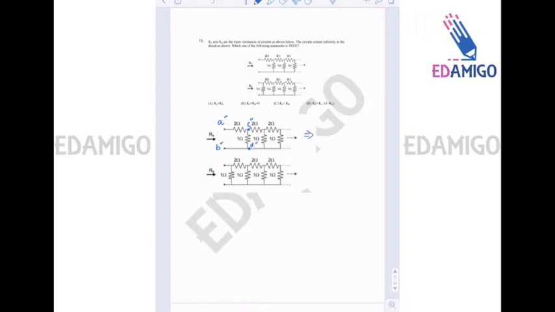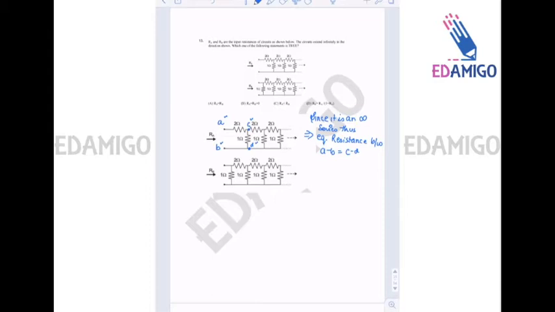So this can be redrawn. I'll just write the statement. Since it is an infinite series, thus equivalent resistance between AB is equal to CD.